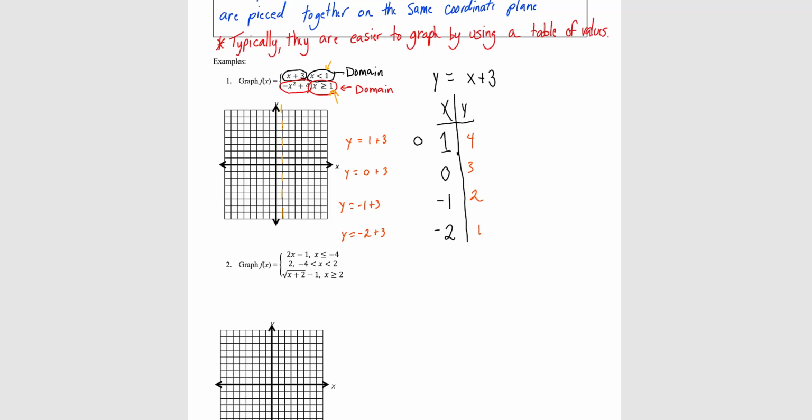So we're going to go and graph those points. Again, notice we have an open dot at 1, 4. But the rest of these can be closed dots because they are not on that dotted line. So this is a diagonal line that's less than 1.